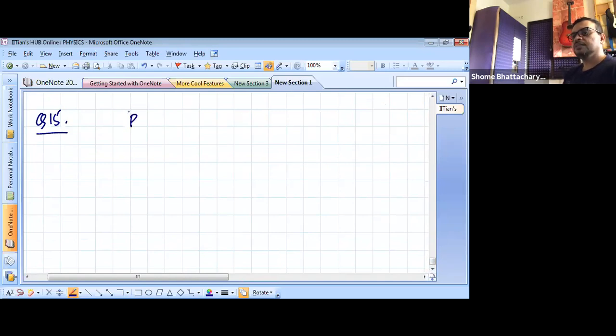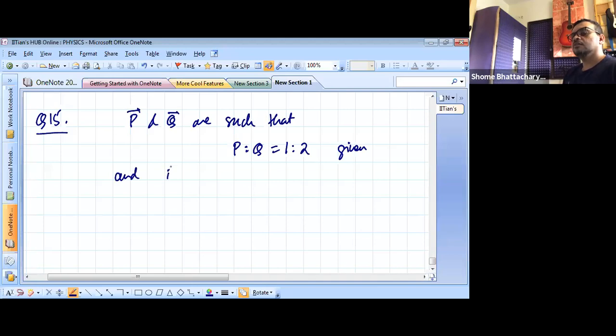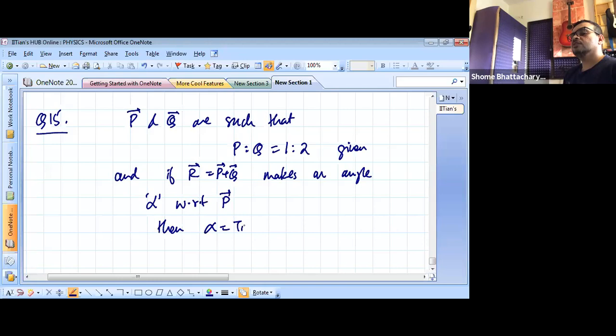Okay. So P and Q are such that magnitude of P is to magnitude of Q is given to us as 1 is to 2. Okay, that's one thing given. And if the resultant P plus Q makes an angle alpha with respect to P, then alpha is equal to tan inverse root 3.